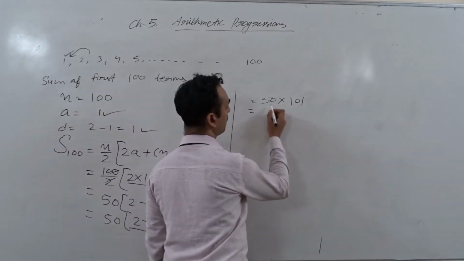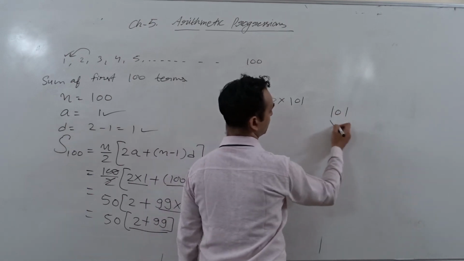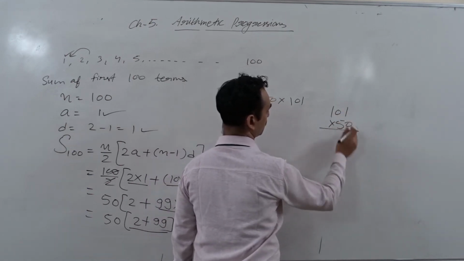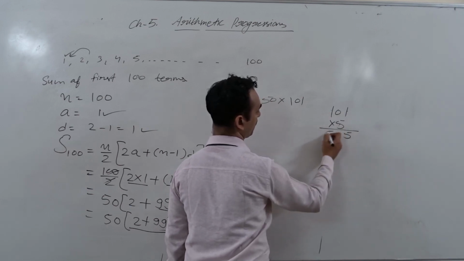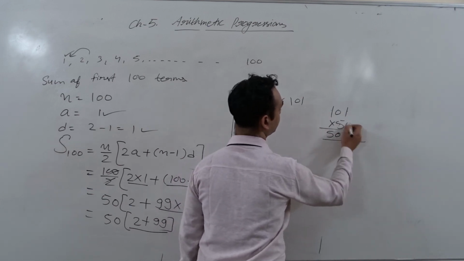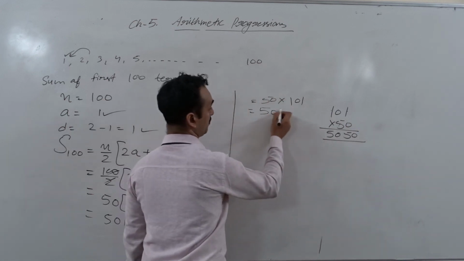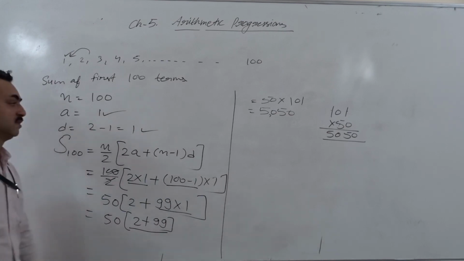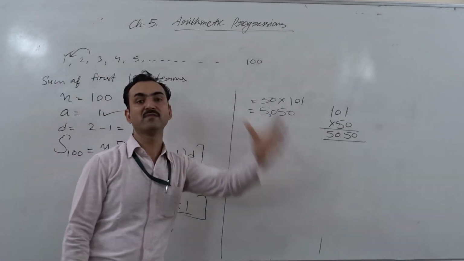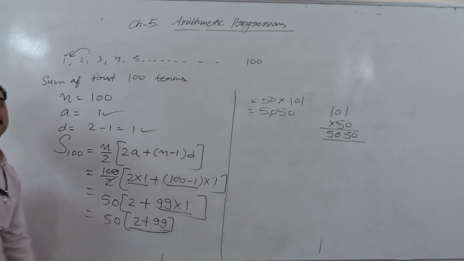Now we multiply 101 with 50. First multiply with 5: 5 times 1 is 5, 0, 5 times 1 is 5, and put a 0. So this is 5050, the actual sum of the first 100 terms.